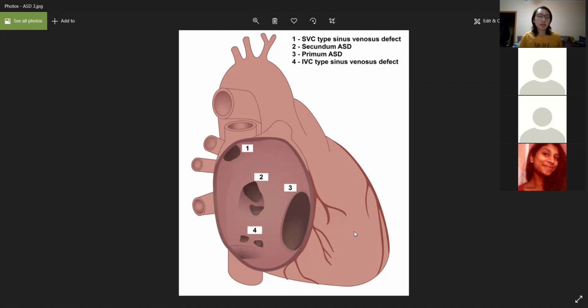But how to differentiate your inlet VSD and your primum ASD? By seeing which side it is skewed towards. So in other words, another name for your inlet VSD is atrioventricular septal defect with communication on ventricular level, instead of on atrial level, like your primum ASD.